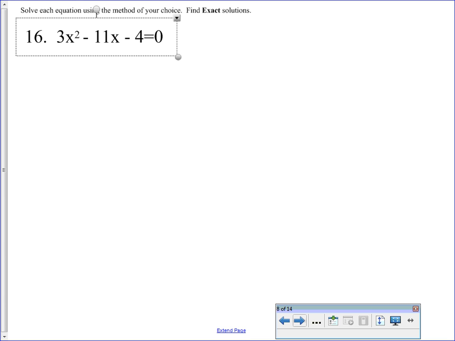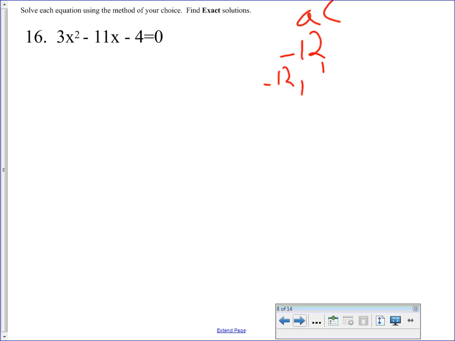You could use the quadratic formula here, but I'm going to do this by factoring. So just to remember our factoring, a times c is -12. So I need two numbers that multiply together to give me -12 that add up to -11. That's very clearly -12 and 1.